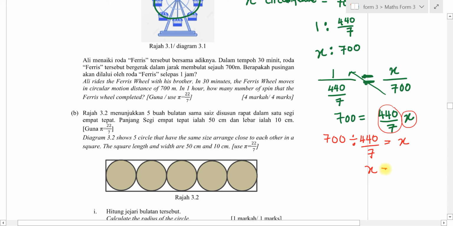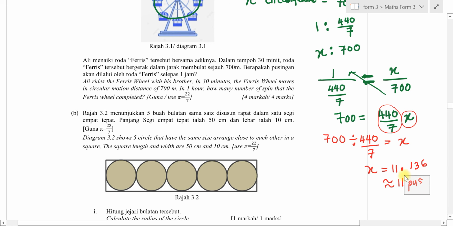Okay, just use your calculator to tally the answer. 700 divide 440 over 7. Okay, dapat 11.136. Okay, lebih kurang 11.13 tu 11 pusingan lah.